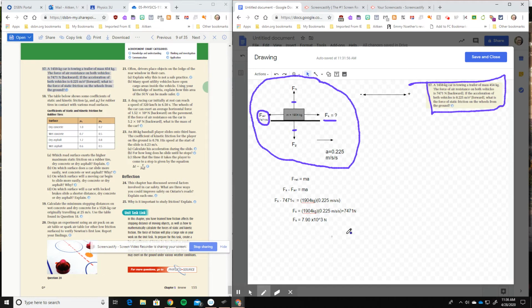And this setup is pretty much your setup for most of the problems you'll see. Now, it could be that one or more of these forces disappears. For instance, if this was a hockey puck just sliding down the ice, then there'd be no forward force on it. There'd just be a little bit of backwards force due to friction from the ice, perhaps a little bit of air resistance.